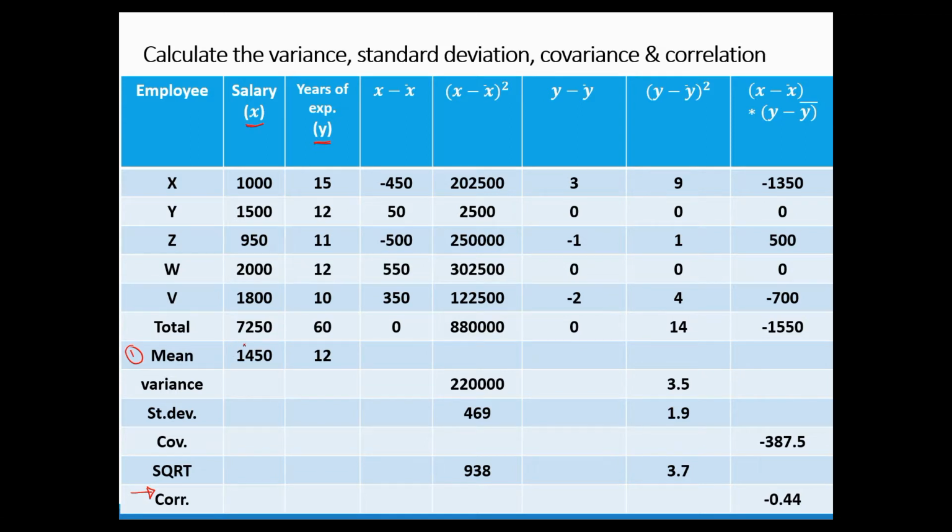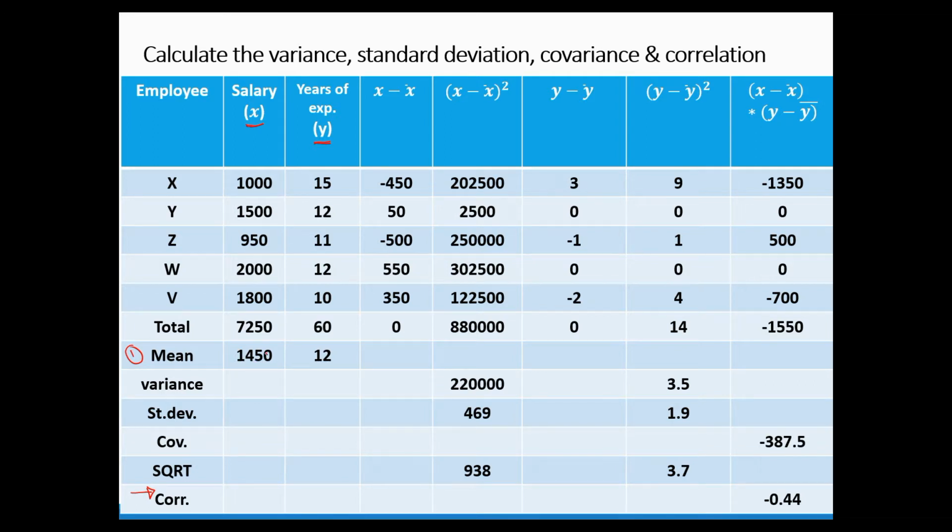So to calculate the mean, it's simply the total, the addition of the values included in x, divided by the number of observations. We have here 5 observations, so in this case the mean is 7,250 divided by 5. We get 1,450.